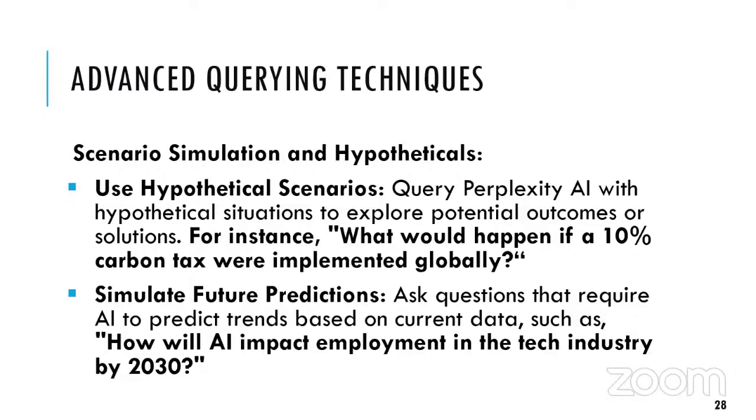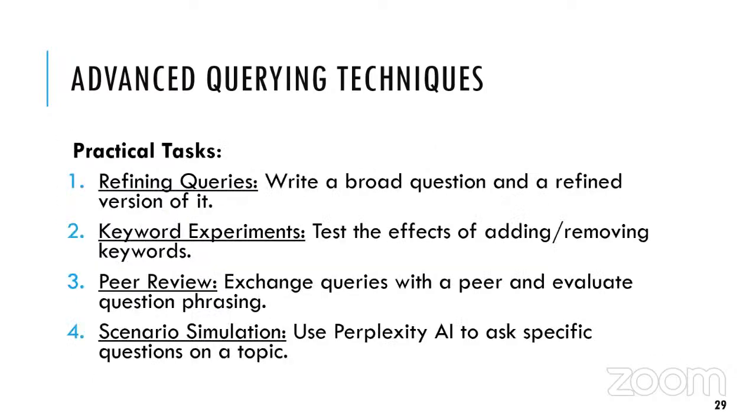Or you may simulate future predictions. Ask questions that require Perplexity AI to predict trends based on current data. Example, how will AI impact employment in the tech industry by 2030? Check the sources that Perplexity has used, and you should be able to see clearly what is said.